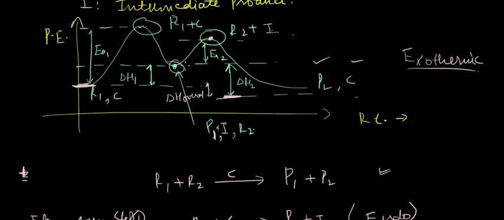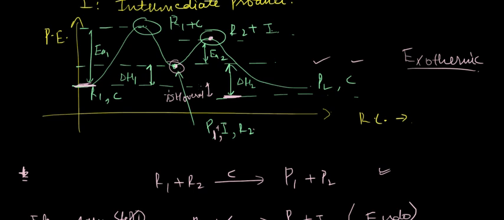As you can see here for this graph, this was the reactant and this is the product. So this is clearly an exothermic process because delta H2 would be negative in this case, as the energy of the product is lesser than the energy of the reactant.